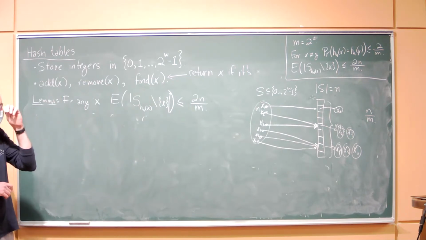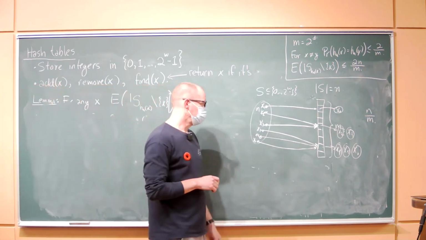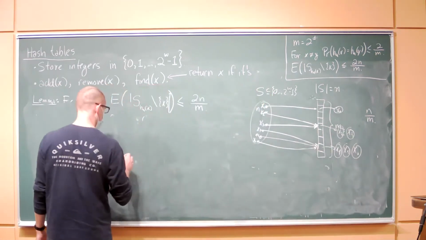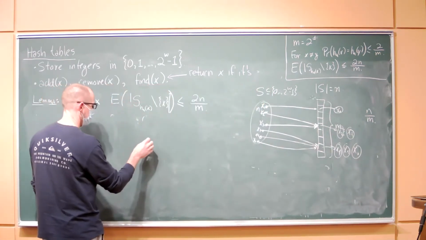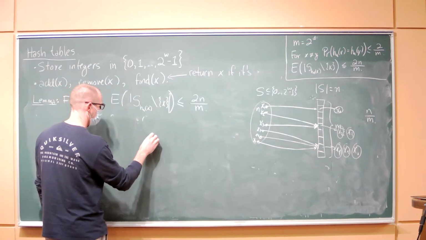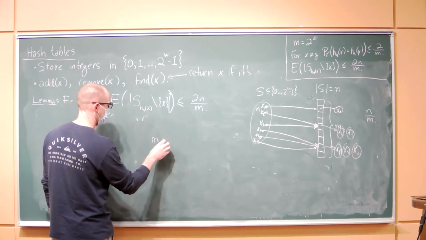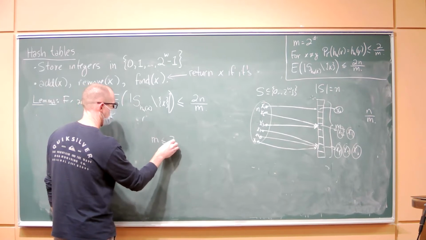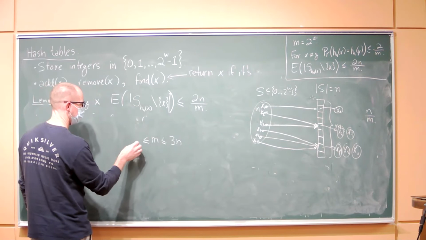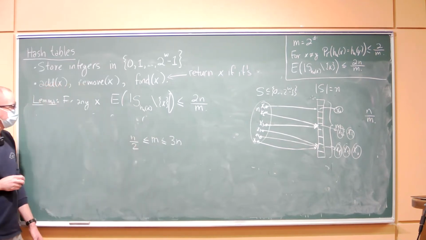You just make sure that, I mean, it's easy to guarantee something like m is going to be at most 3n and at least, I don't know, n over 2, something like that.